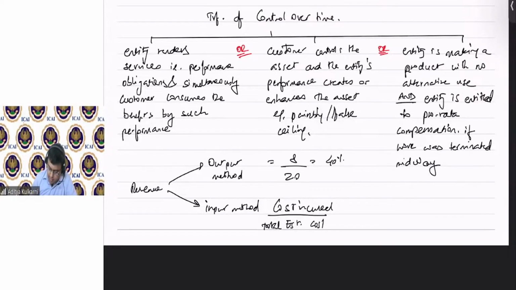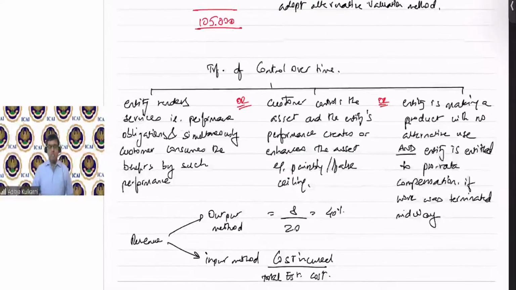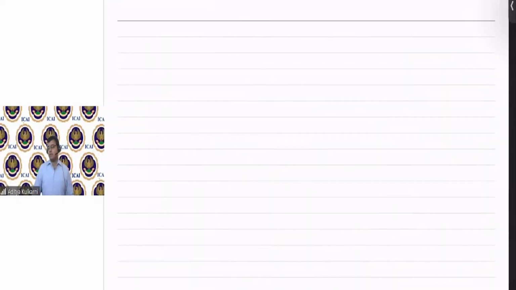This is my cost incurred method. Are we clear with this? Any doubts? So basically, we have to measure the percentage of completion at each stage. And thereafter, you can recognize the revenue.